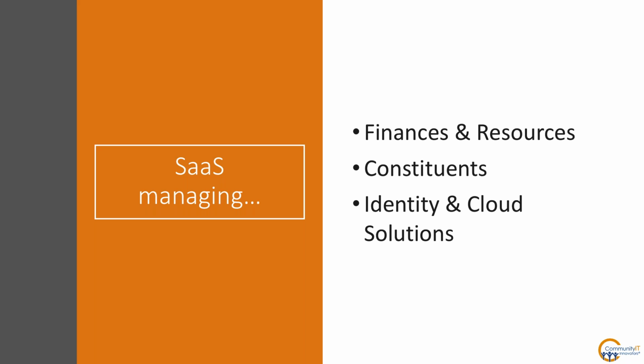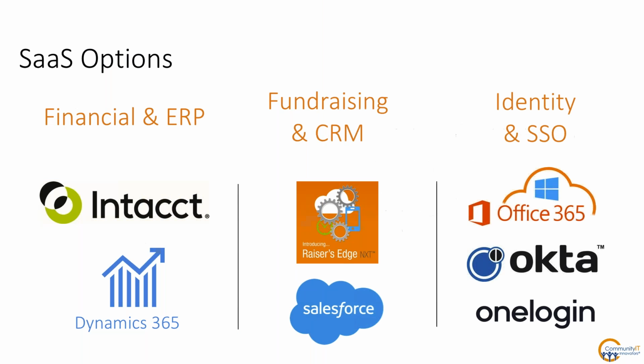So almost every business function that your organization has probably has a software as a service solution associated with it. And I'm just going to talk a little bit about some of the major options, but this is by no means exhaustive. It's just the tip of the iceberg.